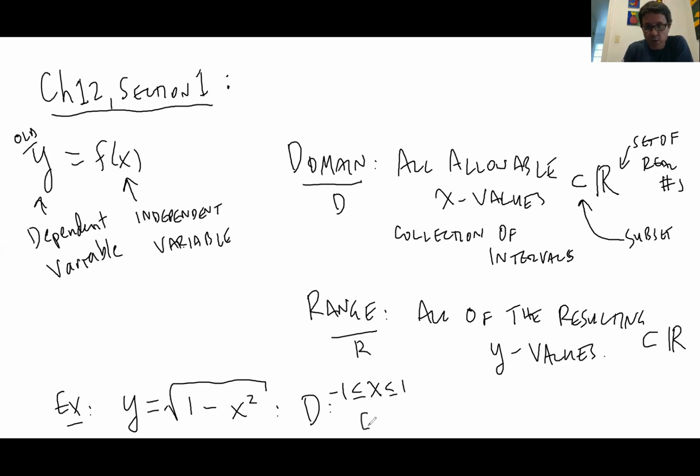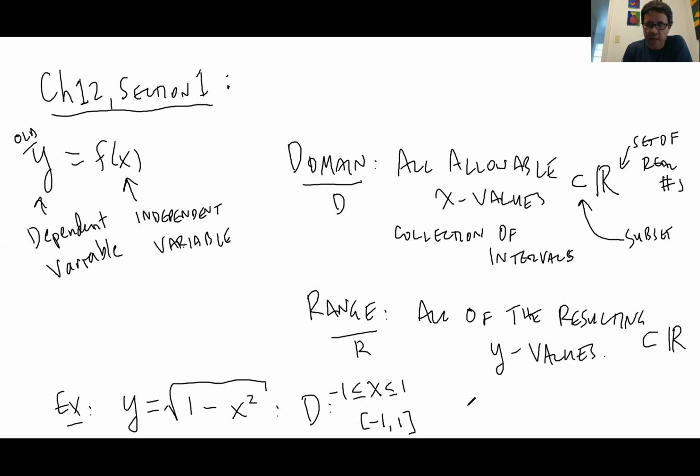If you prefer, you can write it in interval notation as -1 to 1, and we put these brackets to say that the endpoints are included. You can plug in 1, because you'd have the square root of 1 minus 1, which would be 0, and that's perfectly fine. So those are the allowable values.